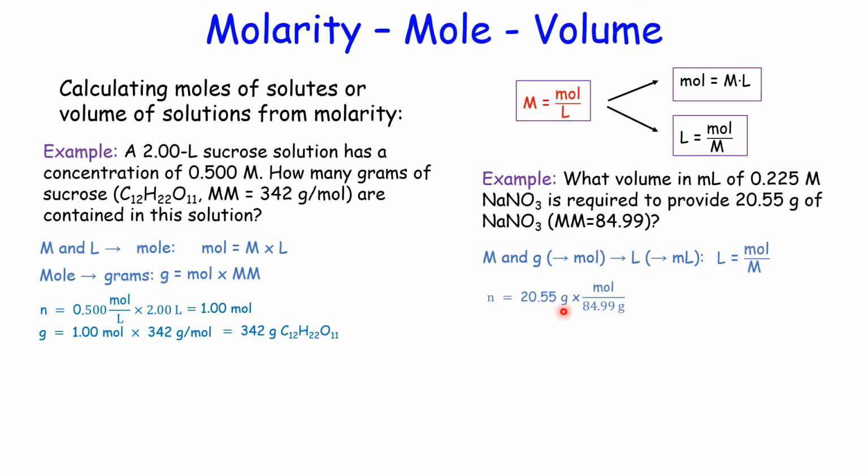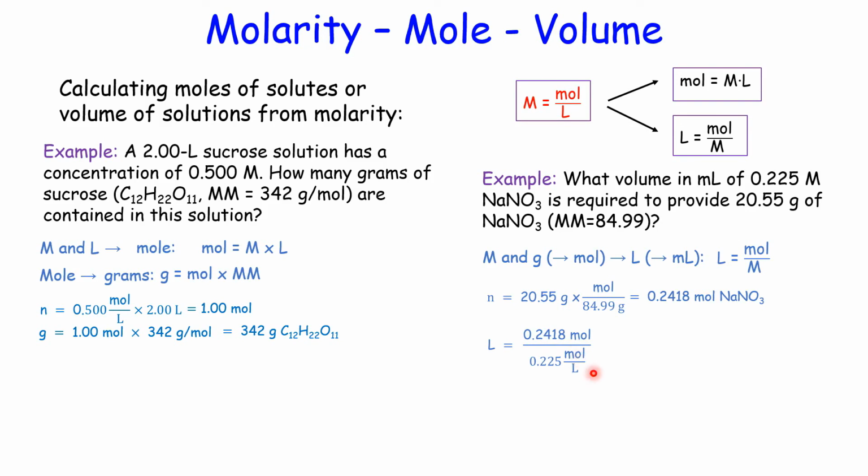So we know grams using the molar mass. Then we found out the number of moles for sodium nitrate. From number of moles, which is 0.2418, divided by the molarity. So molarity is 0.225 moles per liter.